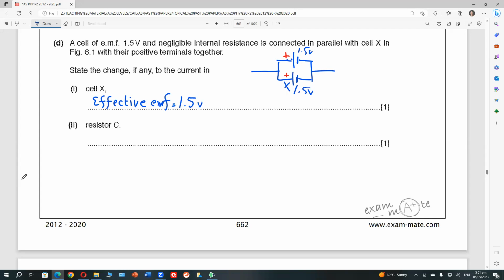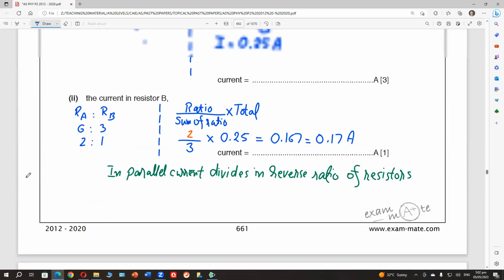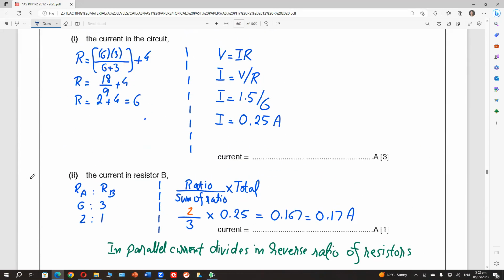Our total current was 0.25 in our previous calculation.